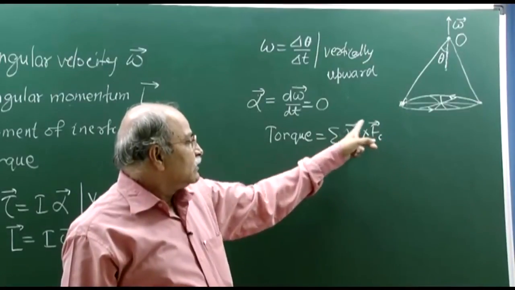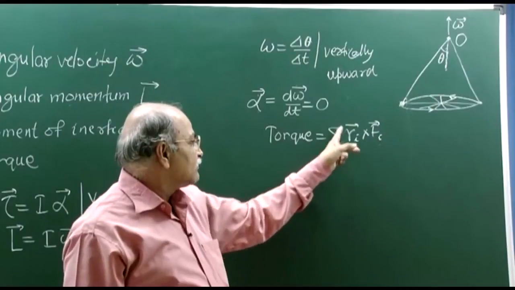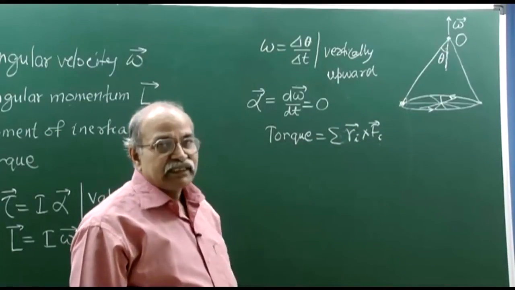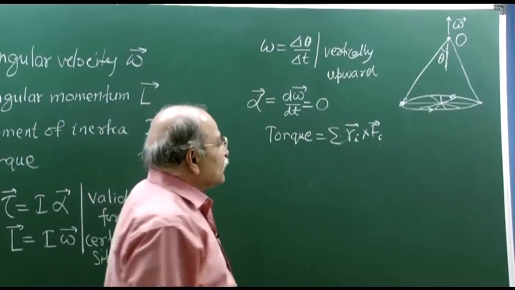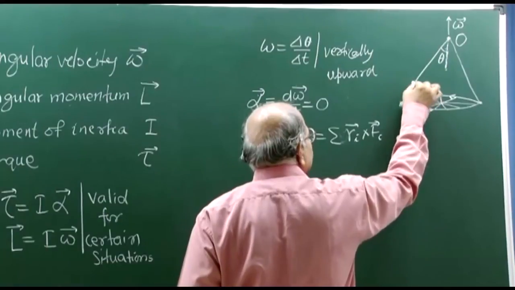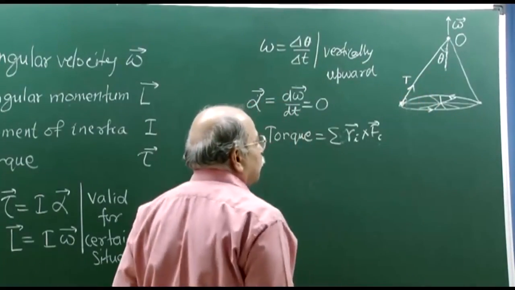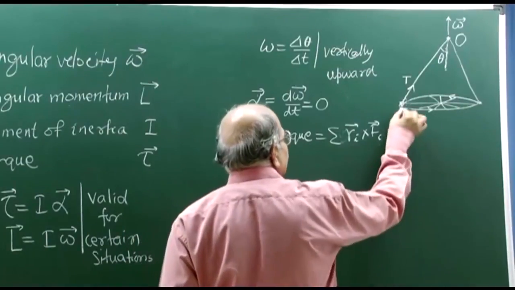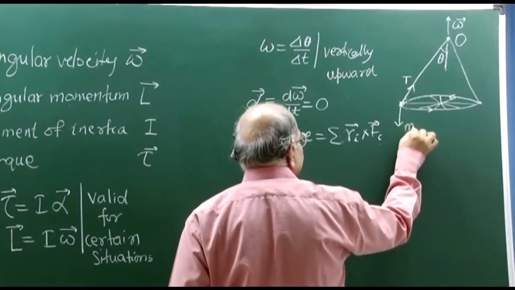I have to find this Ri cross Fi, and add that torque vectorially to get the total torque. So, here the forces are the tension of this thread, and the weight on the particle. These are the two forces that I can see.